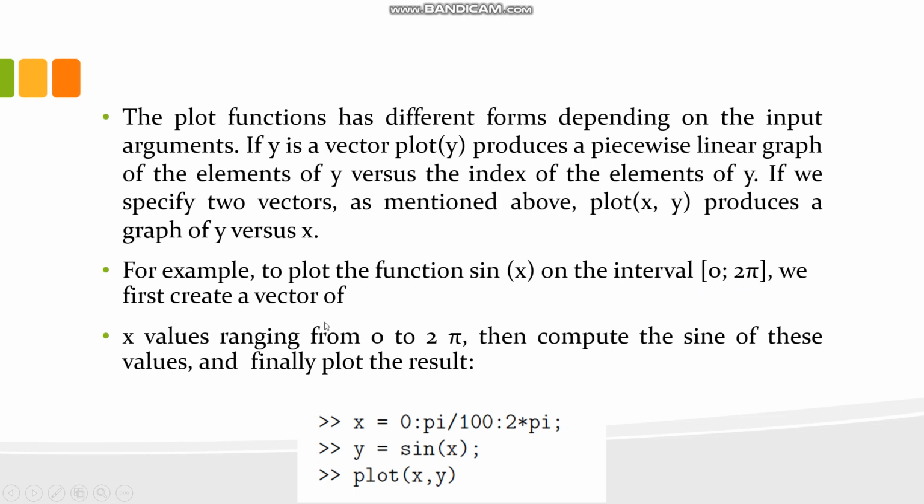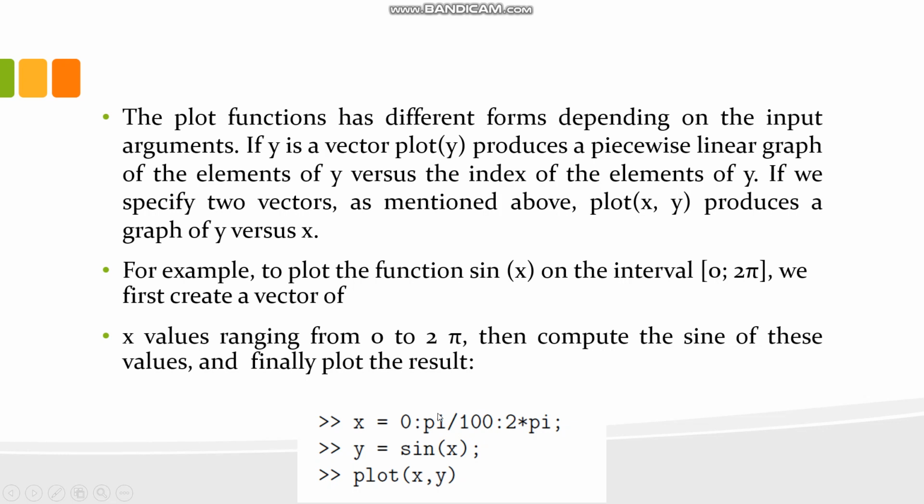We first create a vector x which contains this interval, that is 0 to 2 pi. How you can create it is simply by writing 0, colon, 2 pi, which takes the values between 0 to 2 pi. If you want any defined interval, you can insert it between these two limits. This is the lower limit, this is the upper limit, and in between you can insert the increment size.